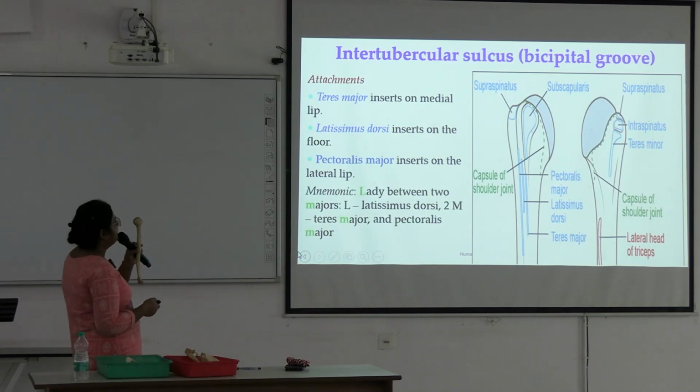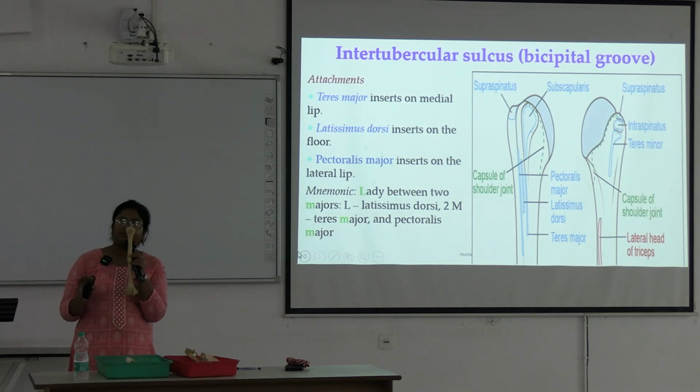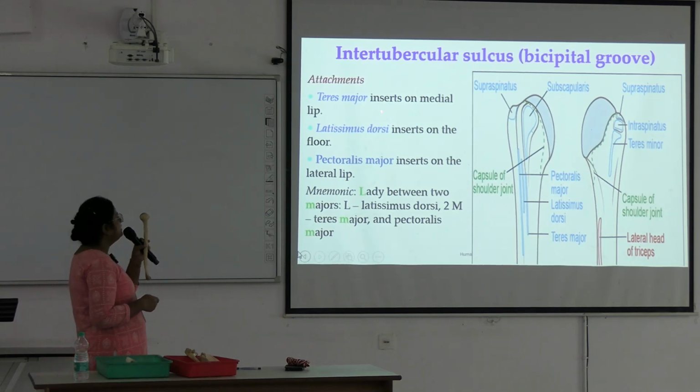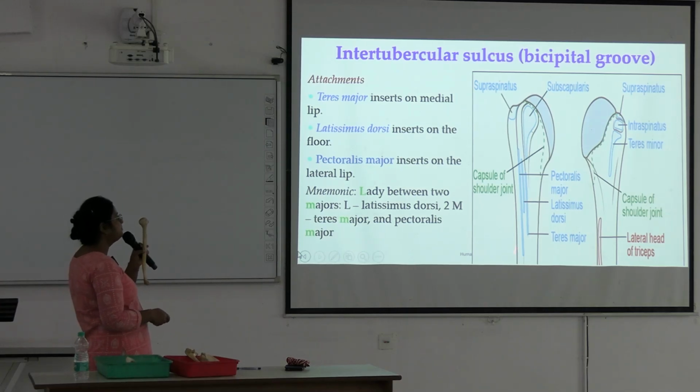Okay. So attachments. Attachments and contents of bicipital groove are very frequently asked in your viva. So attachments, teres major inserts on the medial lip. Okay, see here, the attachment has been shown. Teres major attaches along the medial lip, pectoralis major along the lateral lip, and in the floor latissimus dorsi.